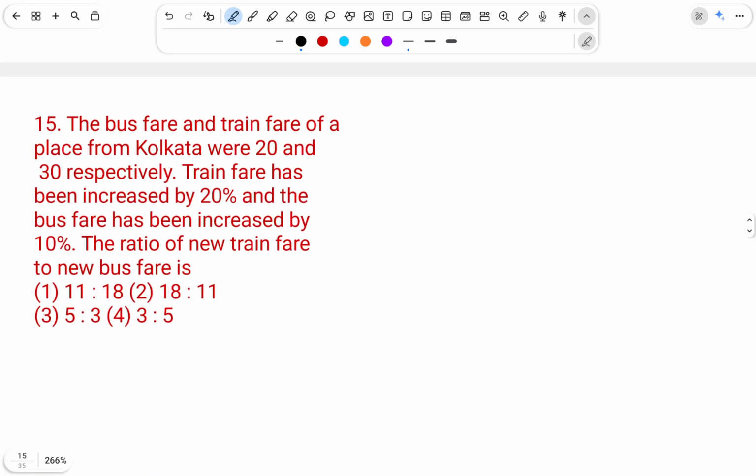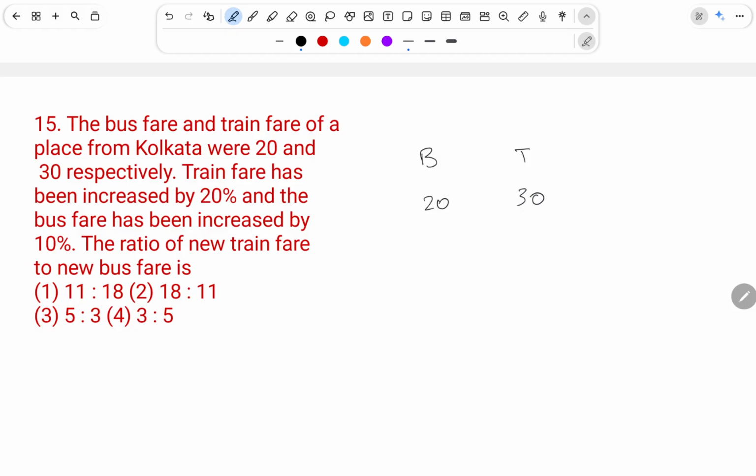The bus fare and train fare of a place from Kolkata were 20 and 30 respectively. Train fare has been increased by 20% and the bus fare has been increased by 10%. The ratio of new train fare to bus fare. Bus fare and train fare are in the ratio 20 and 30.